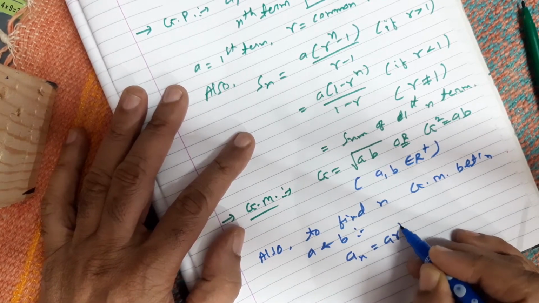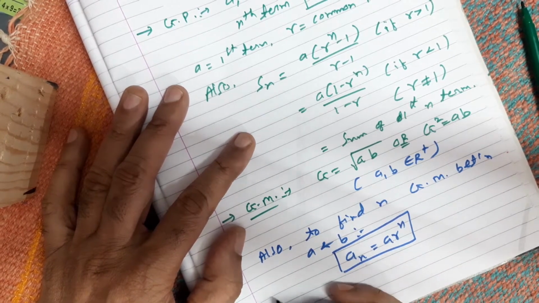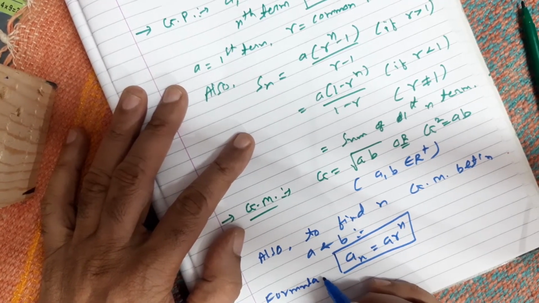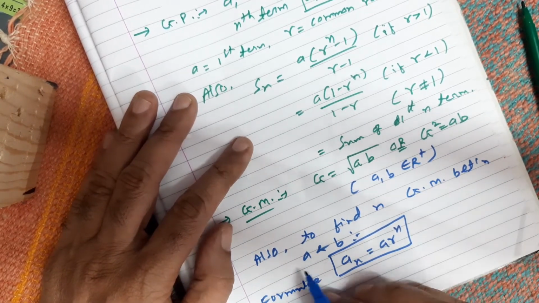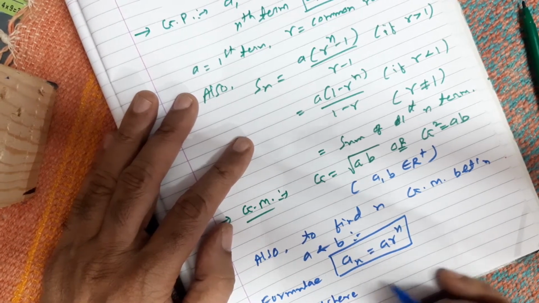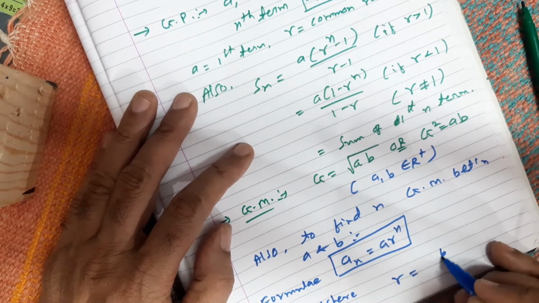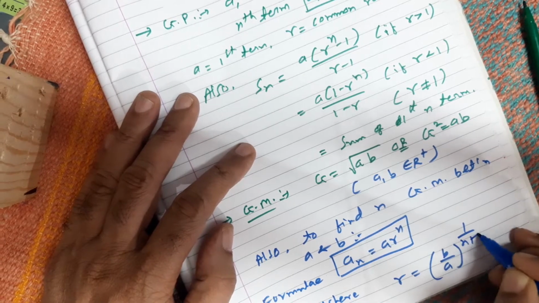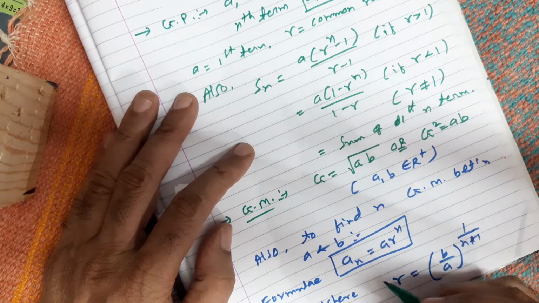And what is r there? To find the n geometric means between A and B, where r is the common ratio, the formula I had given you is B by A whole raised to 1 upon n plus 1. So this was the formula to find the common ratio.